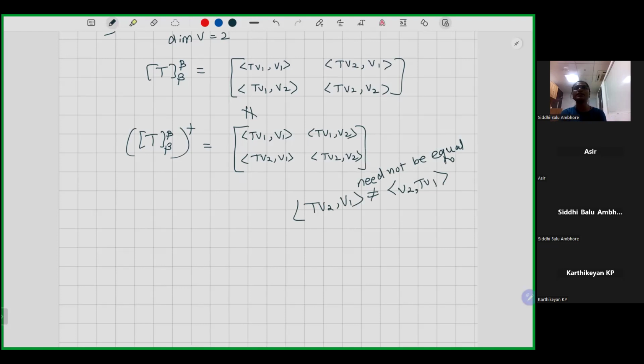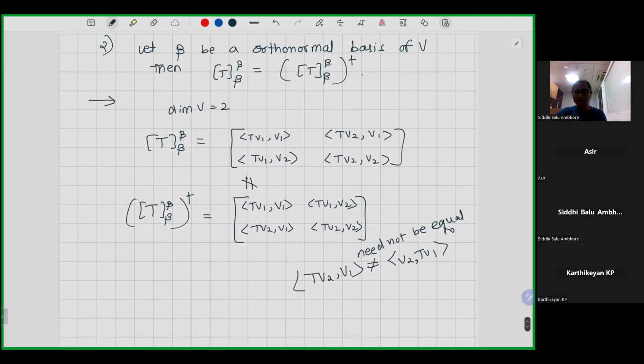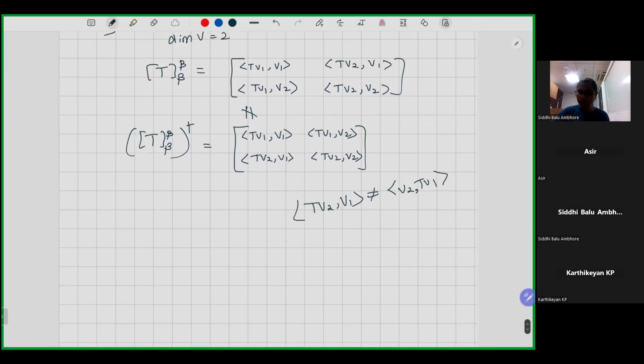But can you give me an explicit example where the matrix of T is something and its dagger is not equal to it? When we try to write it in the general form, we can see that this is not equal. Meanwhile, you can think of an example.